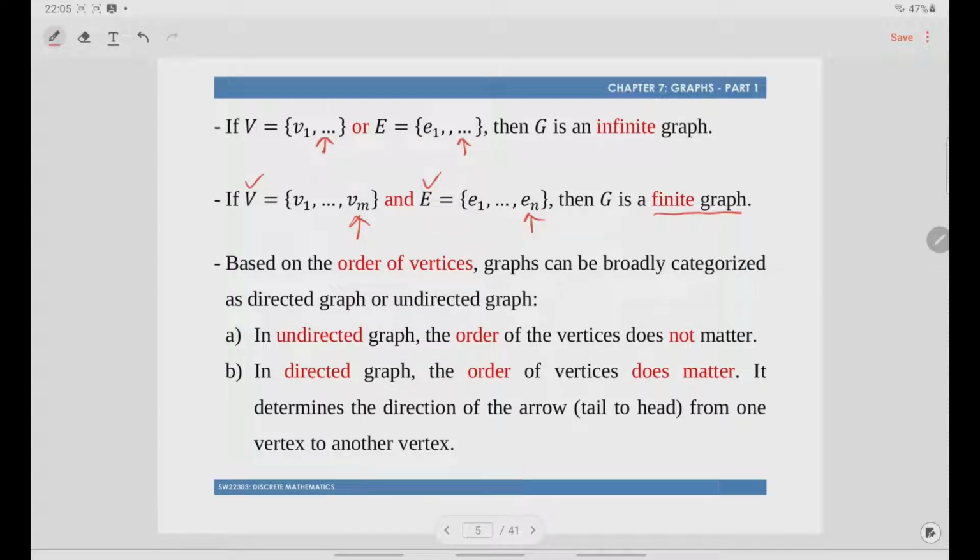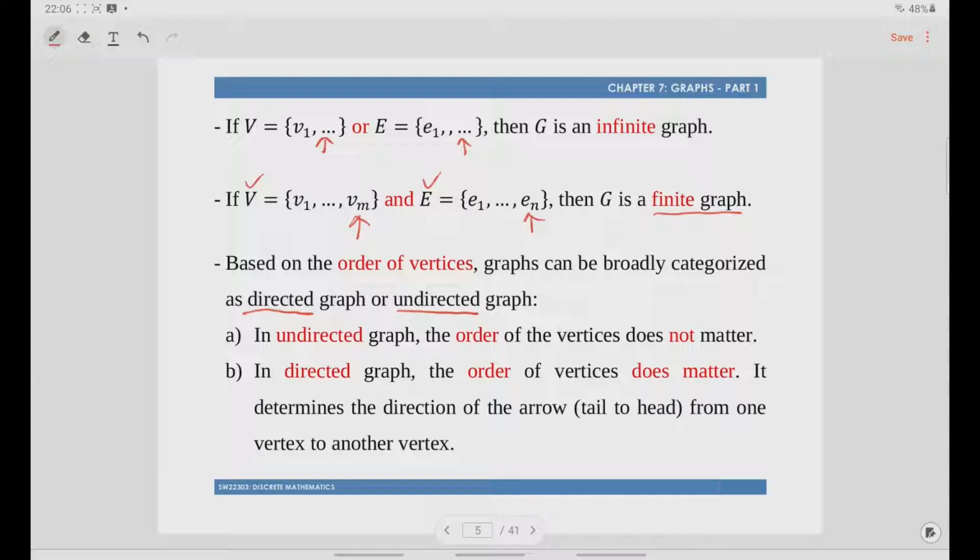Based on the order of vertices, graph can be broadly categorized as directed graph or undirected graph. As I mentioned before, based on some conditions, we can categorize graph.